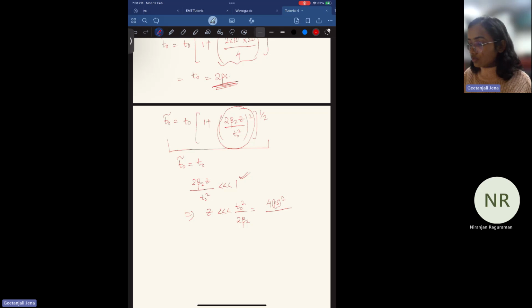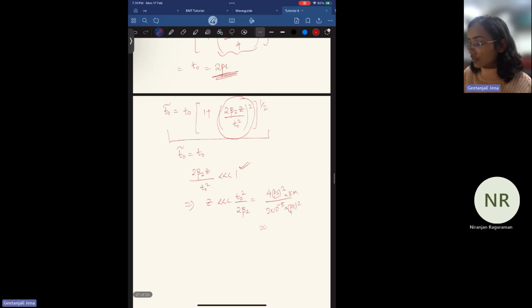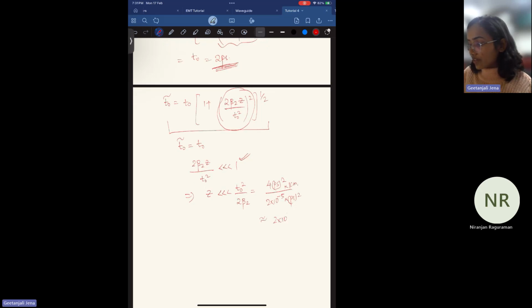And what is beta 2? Beta 2 we get as 10 to the minus 5, right? 10 to the minus 5 per kilometer picosecond square. So this gives a value of 2 into 10 to the 5 kilometer.